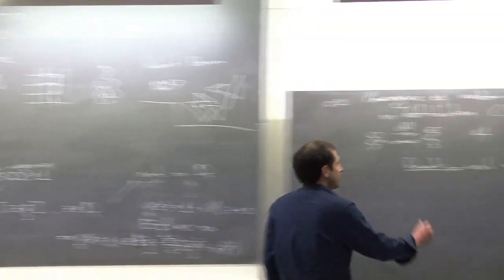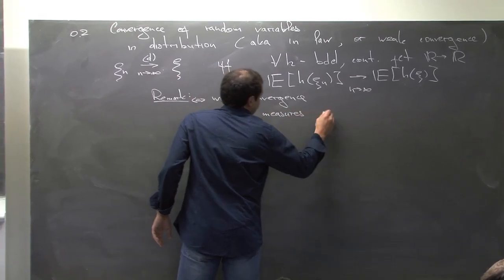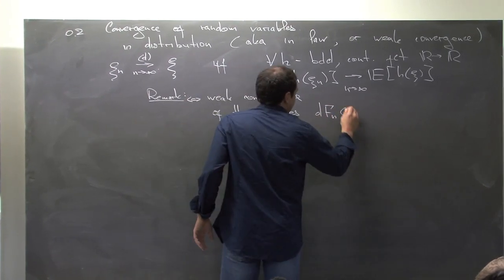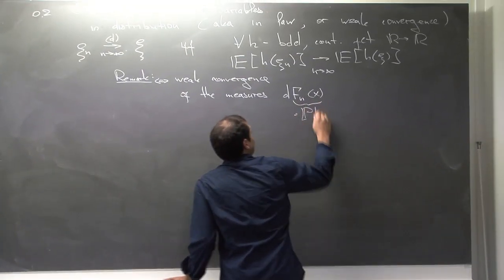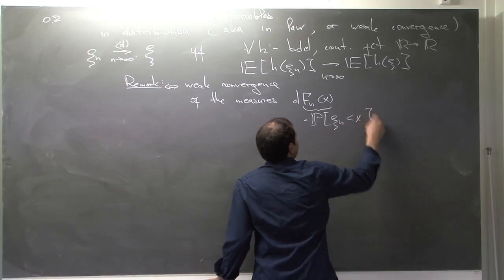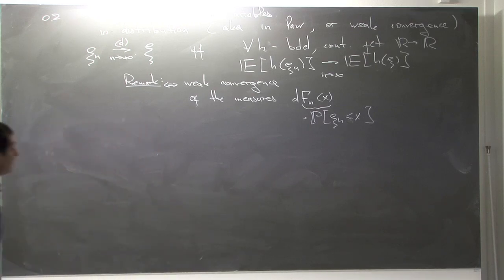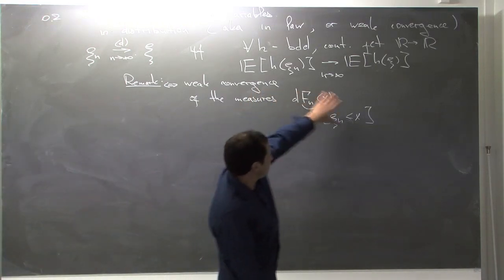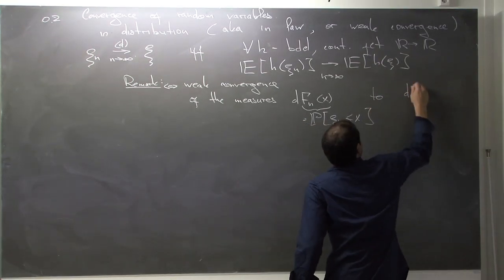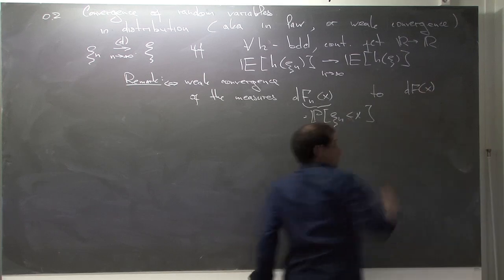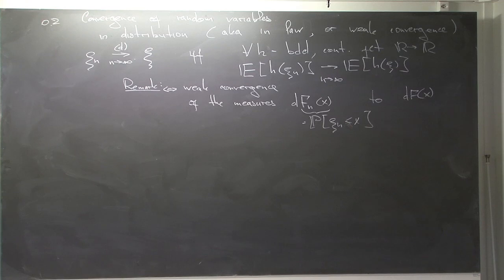So weak convergence of the measures, let me call them dF_n(x), where F_n(x) is just the probability of xi_n being smaller than x. It means that these measures on the real line weakly converge to dF(x). Okay?